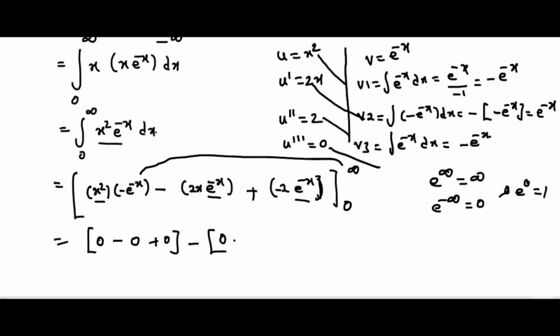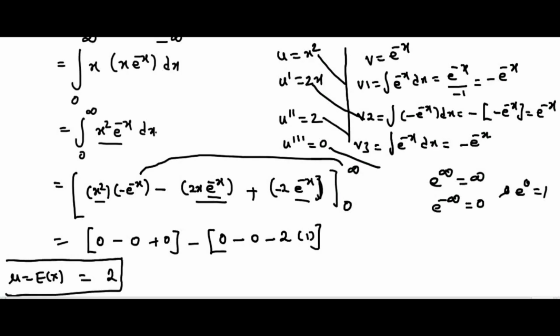So here 0 minus, here also you get 0, plus minus 2 into e power 0, that is 1. If we simplify this, we get minus into minus, plus 2. So mu equals E of x, the value is 2. This is the way we find the mean.